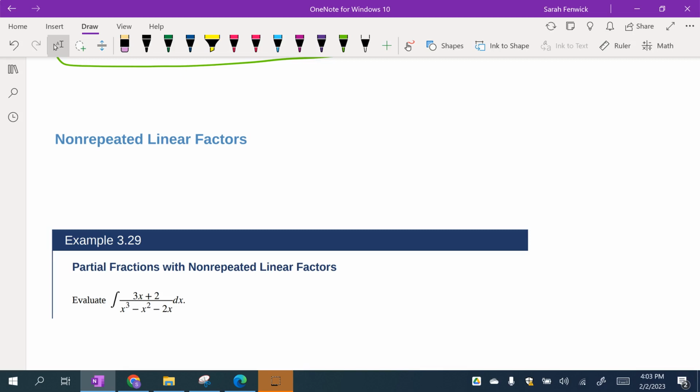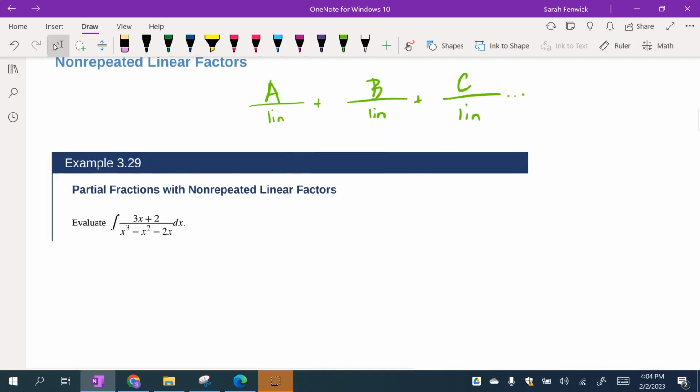So the thing to remember is that when you have linear factors that do not repeat down here, then I just use constant numerators. If my linear factors do repeat, we have to look at that a little differently. So this problem is very similar to what we did at the beginning, except it has a GCF on the bottom that we didn't have.